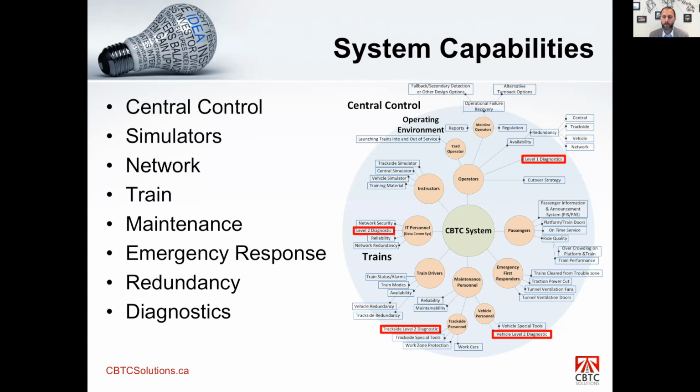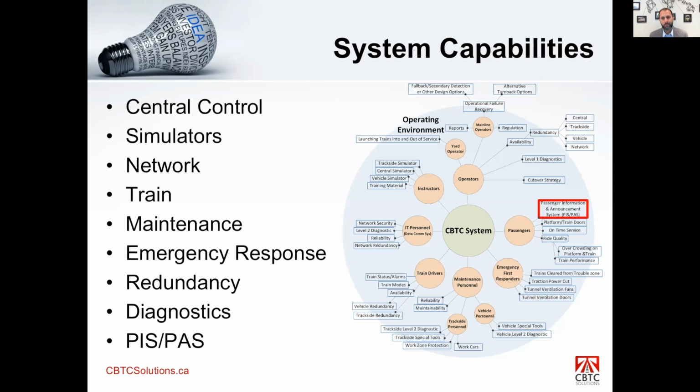Diagnostics is another category. Operators need diagnostics, IT personnel need diagnostics, and trackside and vehicle maintenance personnel need diagnostics. Now, the diagnostics is not the same for each user, but you do want a diagnostics architecture that will serve the entire organization at the same time. You don't want to create diagnostics that's focused on any one user. It needs to be a systems view of diagnostics to make sure everyone's needs are addressed. So we would create a topic called diagnostics.